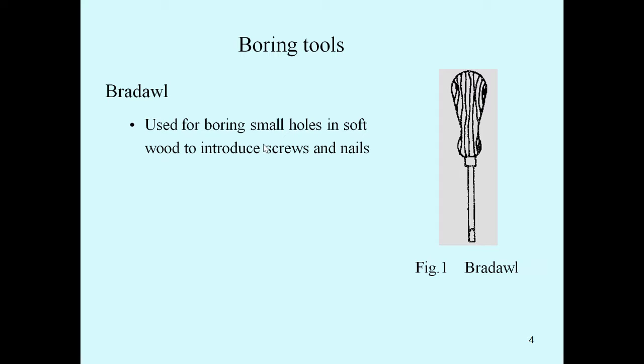This bradawl is used for boring small holes in softwood. Within the softwood, if we want to produce small holes, with the help of this bradawl we can produce small holes to introduce screws and nails.